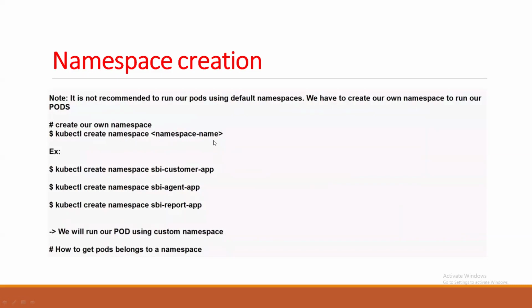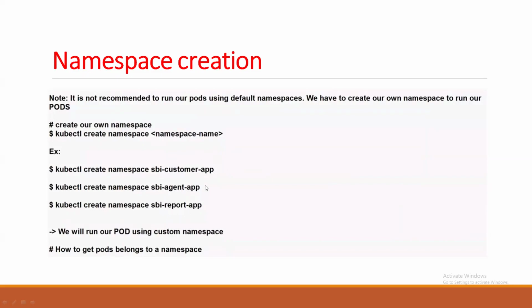kubectl create namespace, something like sbi-customer-app, sbi-agent-app, sbi-report-app. These are three namespaces. You can create your own for the applications. sbi-customer is related to the pods and applications for the customer, the next one for the agent, and the next for the depot.